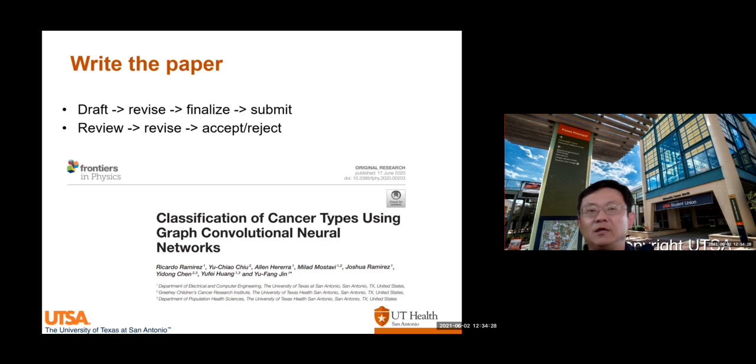So we need to start by having a draft. There are some common logistics that we follow in writing a paper, and there's also a more or less structured format that we follow to write this type of engineering or scientific papers. Okay, so once we have the draft, then we revise, right?